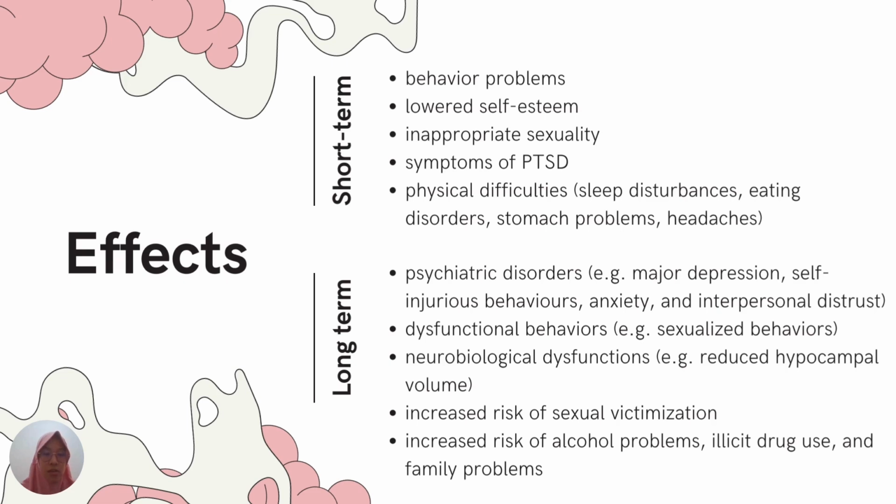And just like physical abuse, sexual abuse also has short-term and long-term impacts. So for the short-term impact, sexual abuse can result in behavioral problems in the victims, lowered self-esteem, inappropriate sexuality that is not aligned with the norms according to their age, and symptoms of PTSD, because sexual abuse is, of course, a traumatic experience.